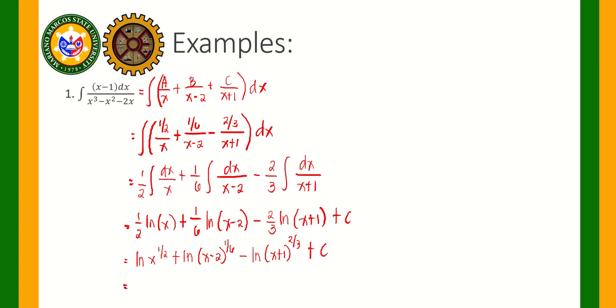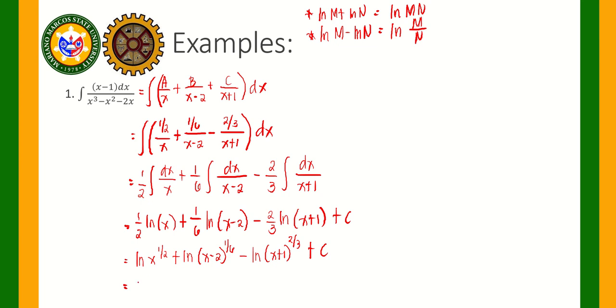Now, we can apply yung ito. We apply that ln m plus ln n is equal to ln mn. And ln m minus ln n is equal to ln m over n. Okay, apply natin tong mga rules na to of natural logarithms.